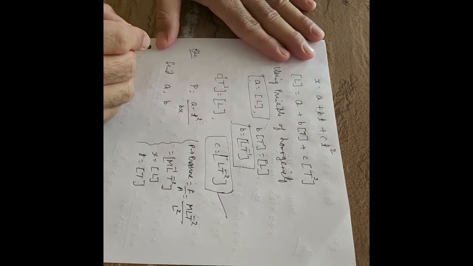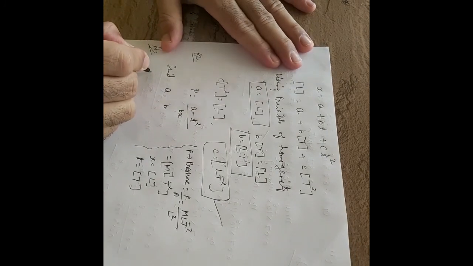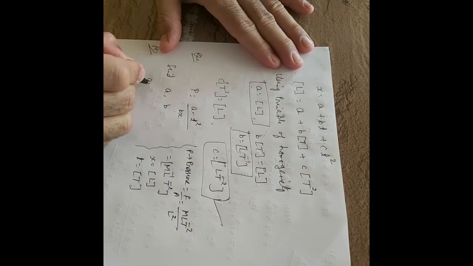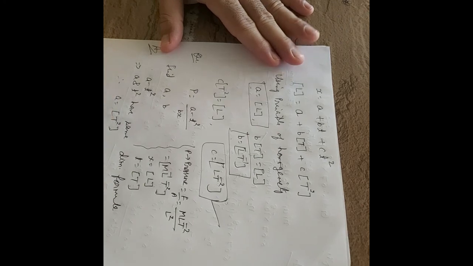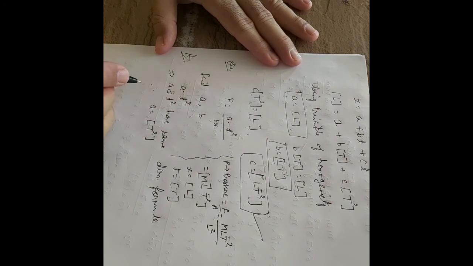Now first of all, A minus t square is given. So what does it mean? A and t square have the same dimensional formula. Therefore, A equals t square. Now, P equals A minus t square upon Bx.